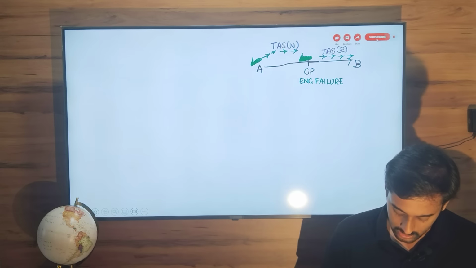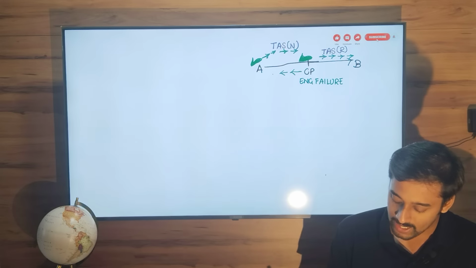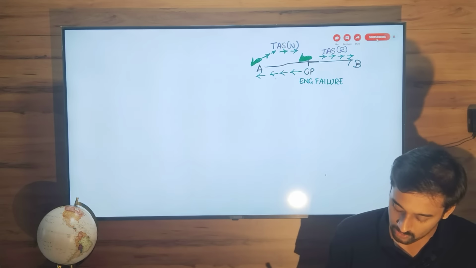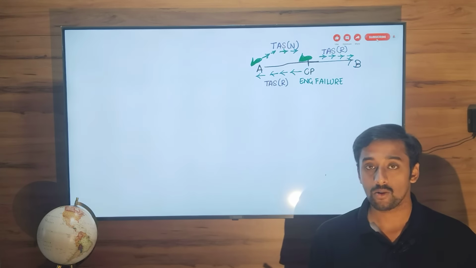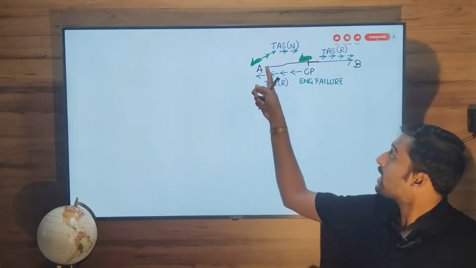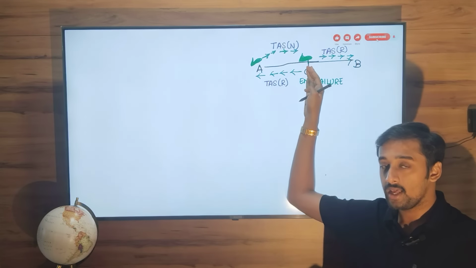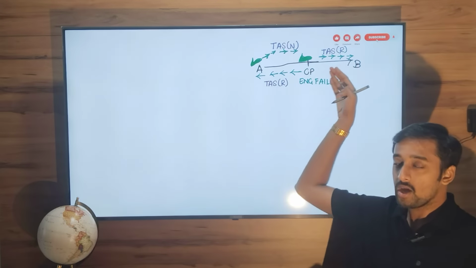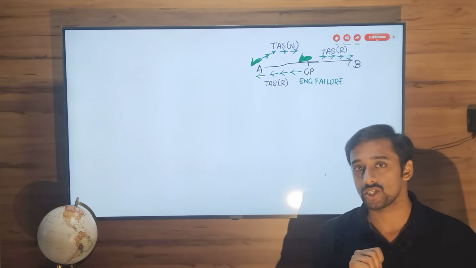If you decide to fly back to point A at your departure airport, you will also be flying at a true airspeed of reduced value. Okay, so A to CP is normal speed. After CP, when your engines fail, you will be flying at a reduced TAS, whether you go towards B or come back to A, again reduced TAS, because you are flying only on one engine.